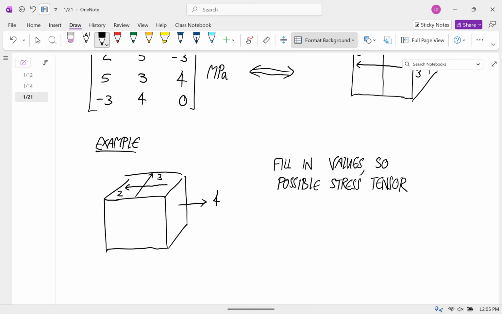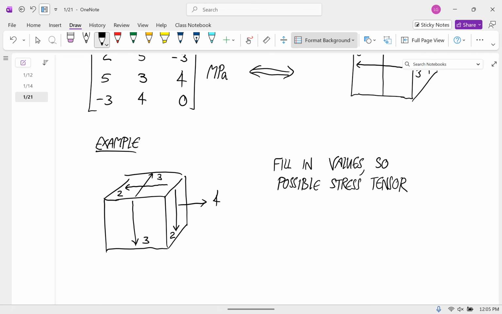Well, the 3 megapascal stress value on the y face going in the negative z direction has to be matched by another one like this. Remember, they can never chase each other. They have to be going head to head or tail to tail. So that 3 matches this one. There also has to be a 2 matching the one that's there.